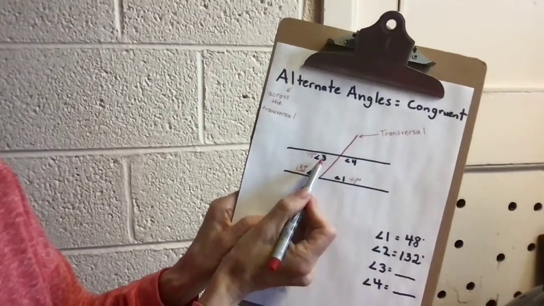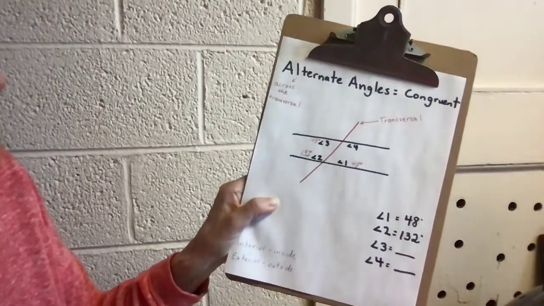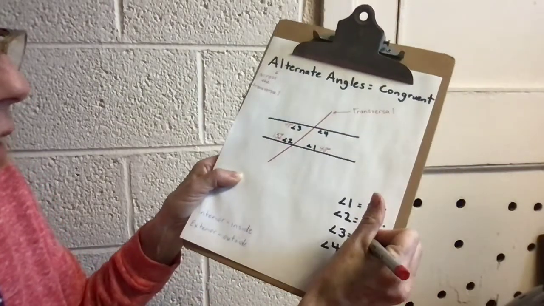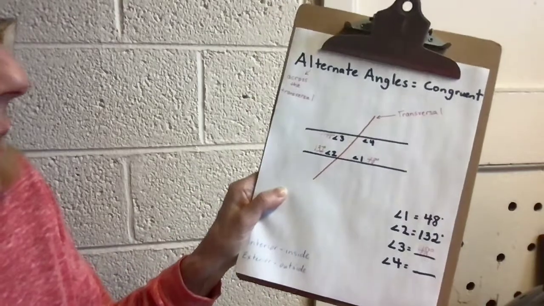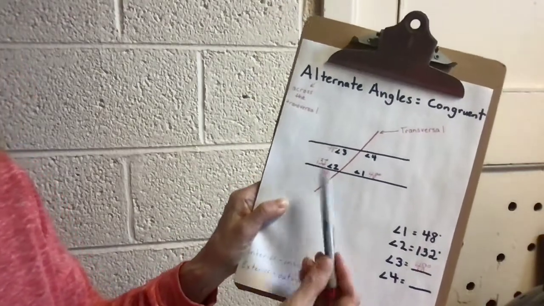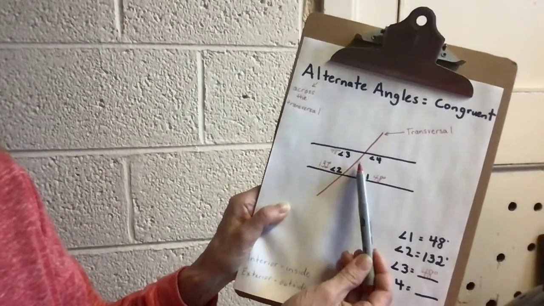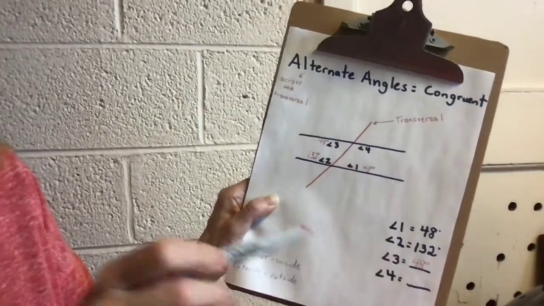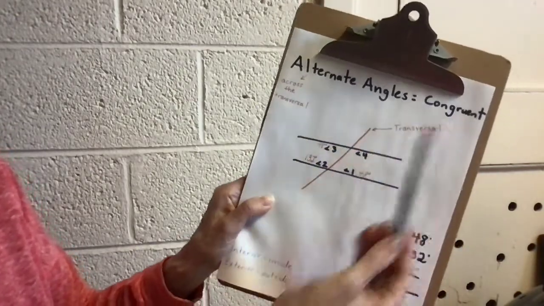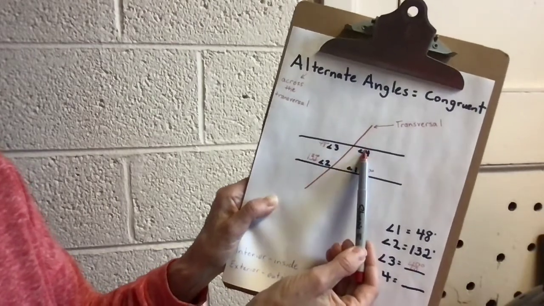I'm sorry, angle 3 is 48. And then you probably already figured out that when you hop across the transversal for angle 2 to get to angle 4, alternate angles are congruent. That 2 is going to equal 4.